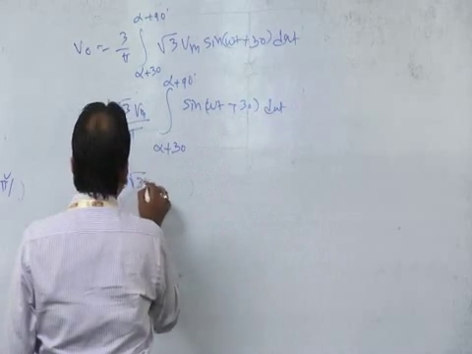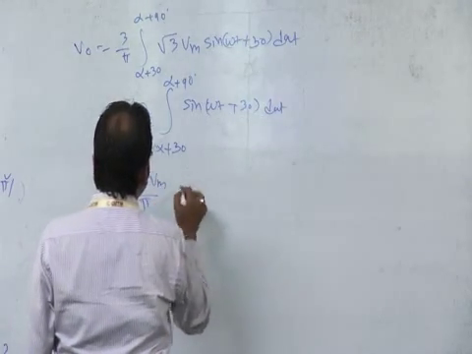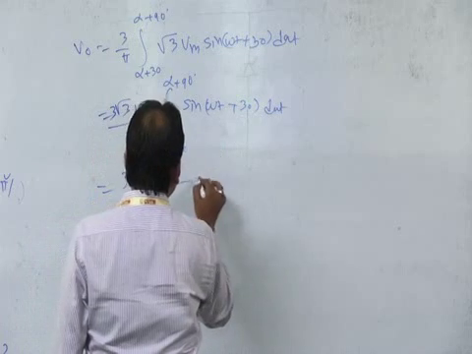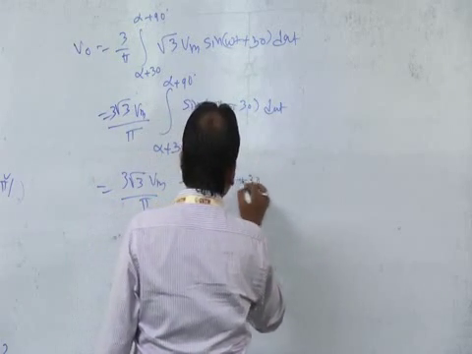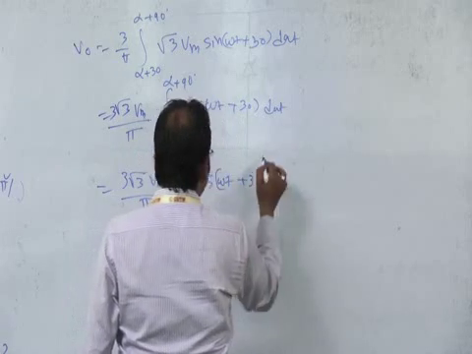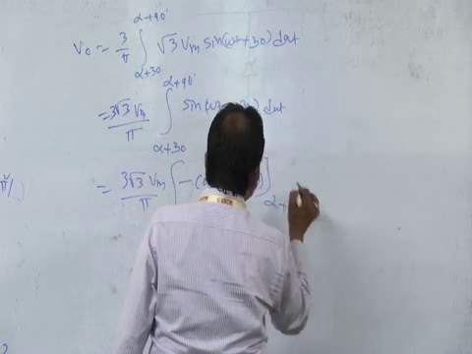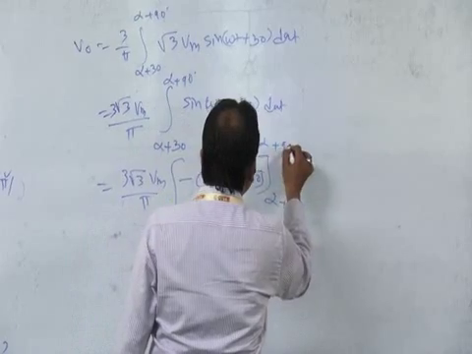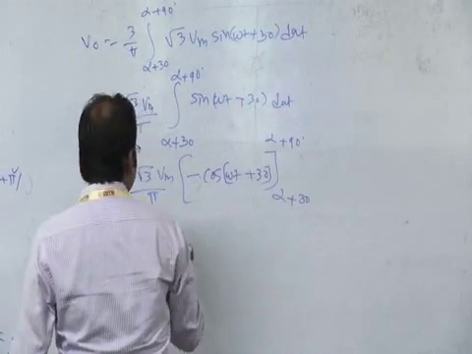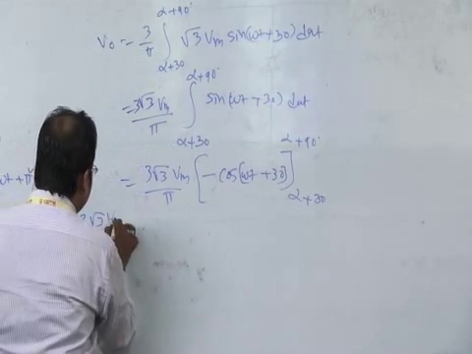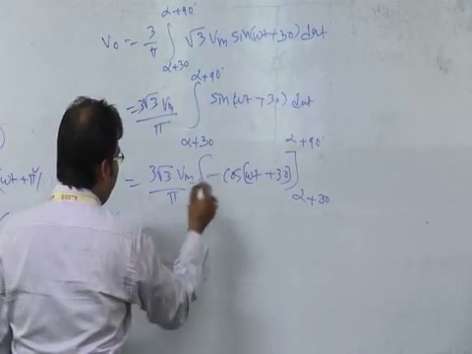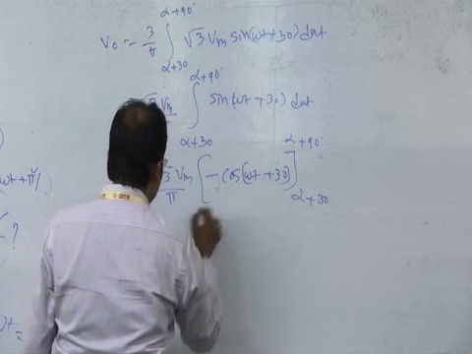So this will give you, if you do the integration, minus cos(omega t plus 30), limits will be alpha plus 30 to alpha plus 90. So take this minus sign outside, 3 root 3 Vm by pi, just put the limits.